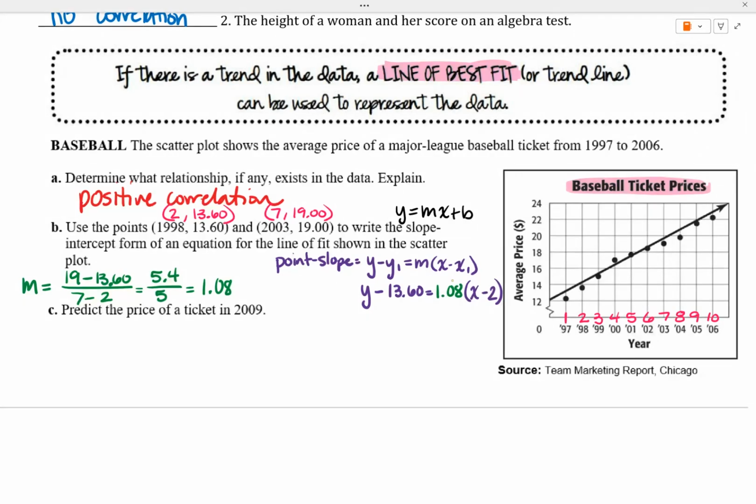First, I am going to distribute that slope into the parentheses. And we have y minus 13.60 equals 1.08x minus 2 times 1.08, which is 2.16. And then lastly, we are going to add 13.60 to both sides.